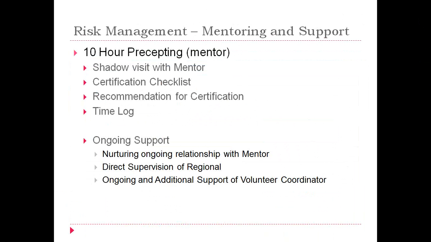Once that checklist is completed, the mentor completes a form that identifies whether they recommend the volunteer for certification, recommend the volunteer for certification with additional training in some areas, or recommend that this volunteer not be certified. I've only had one situation in the past 5 years where a mentor has not recommended a volunteer for certification.